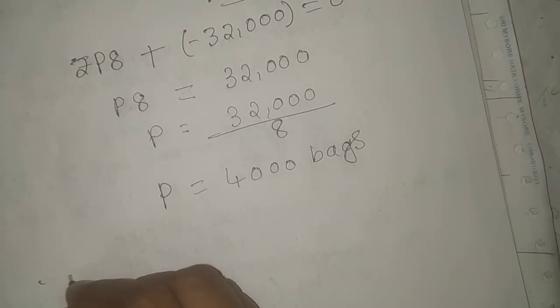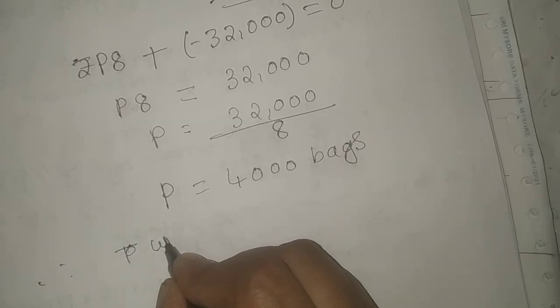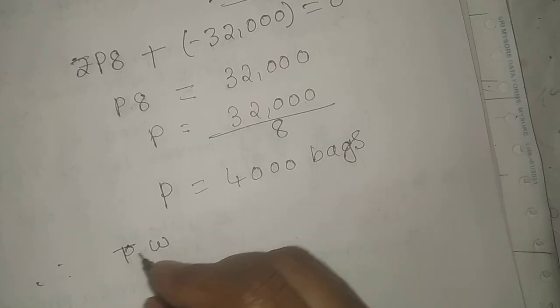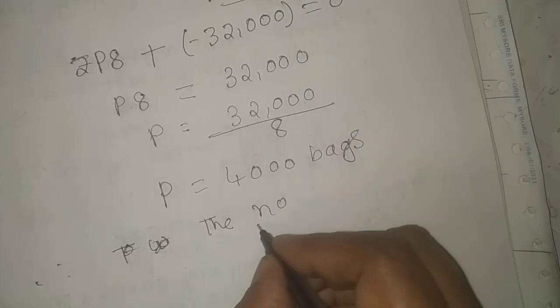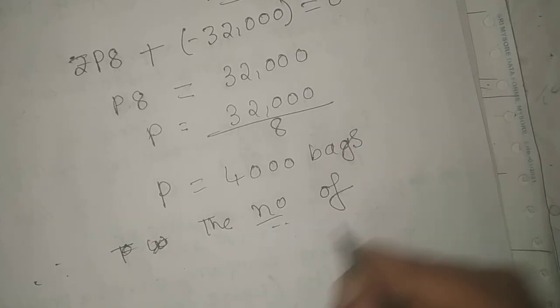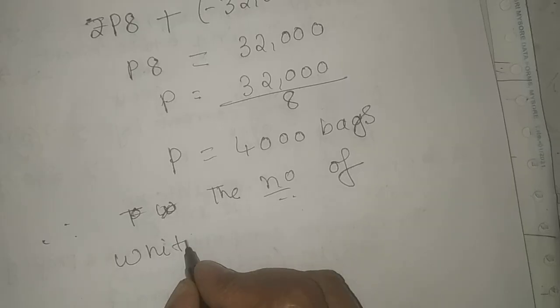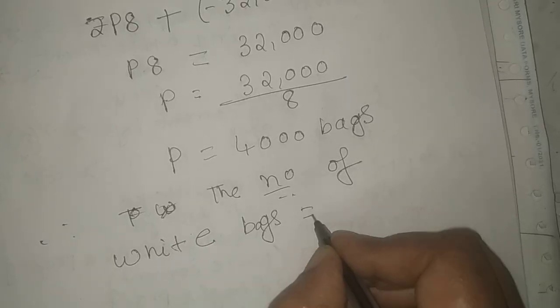Therefore, the number of white cement bags is equal to 4,000.